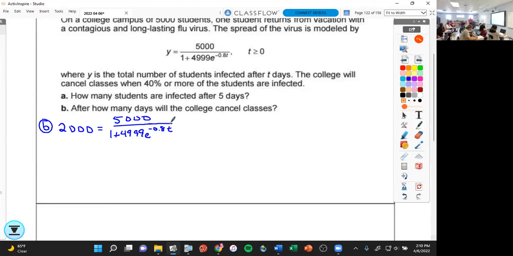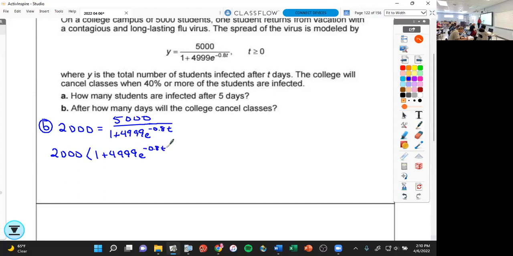What should we do? Okay, so 2,000 times 1 plus 4,999 e to the negative 0.8 t equals 5,000.